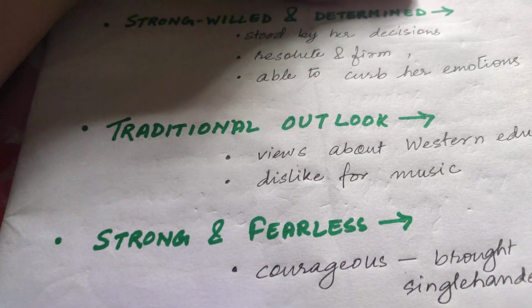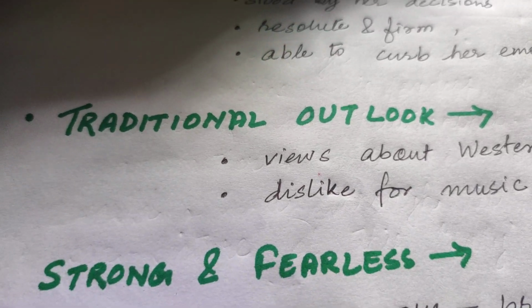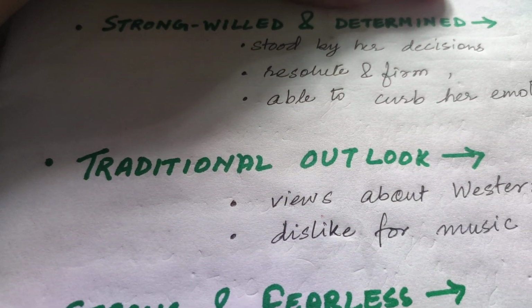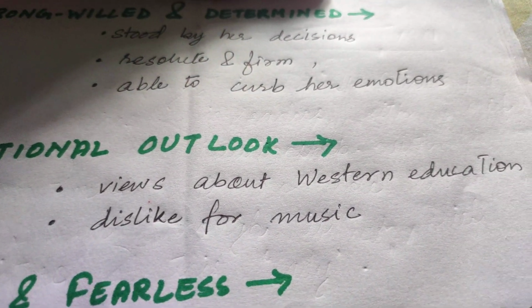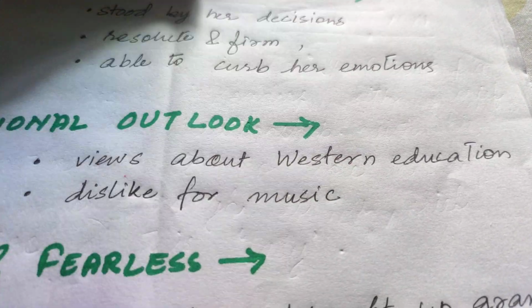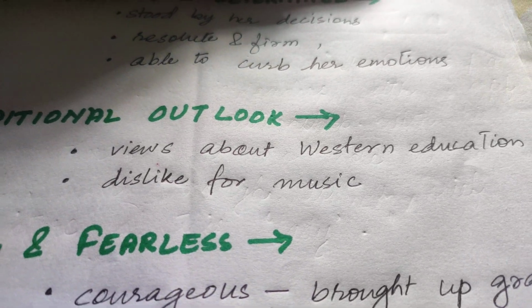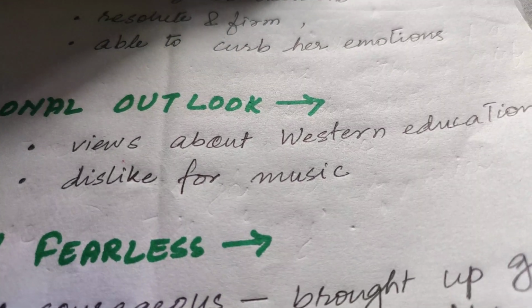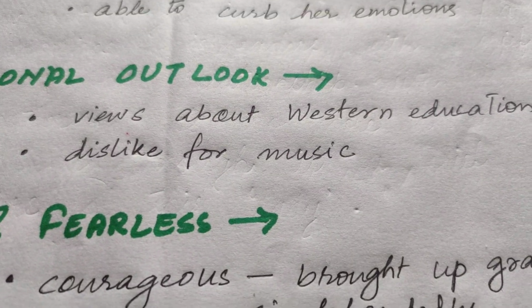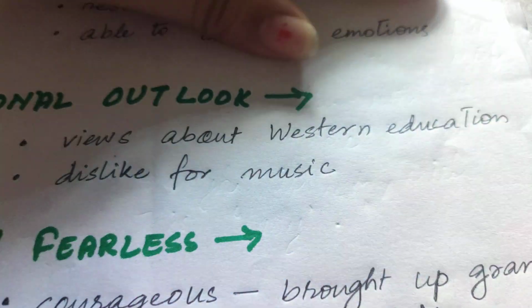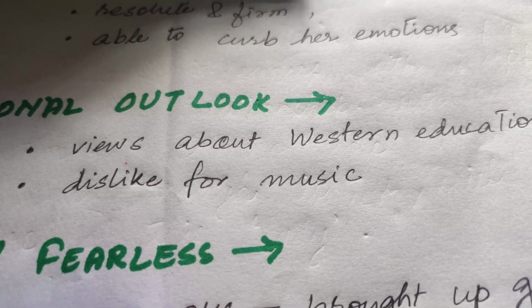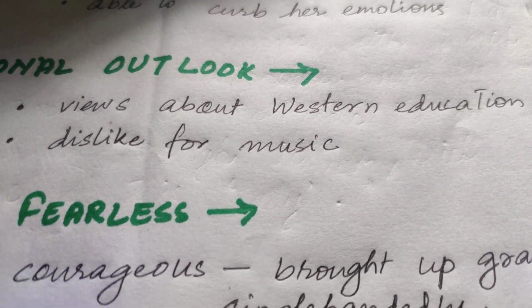Then, talking about her traditional outlook, yes, indeed, she was a very traditional woman who held traditional views about education, and it can be seen that she loved the education that was provided in the village school, because it was a mixture of bookish knowledge as well as religion and spiritual learning.